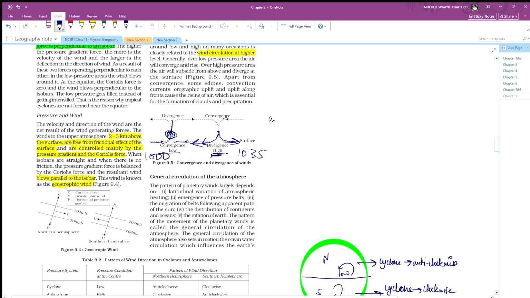And when it converges, due to some forces like heat, the air rises above, and when it goes to a certain altitude, again it diverges.